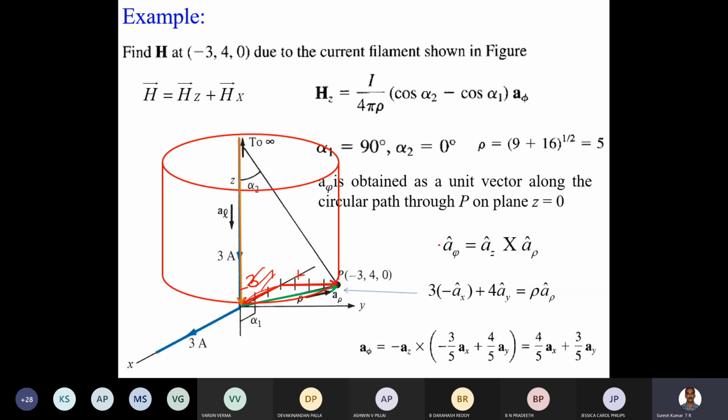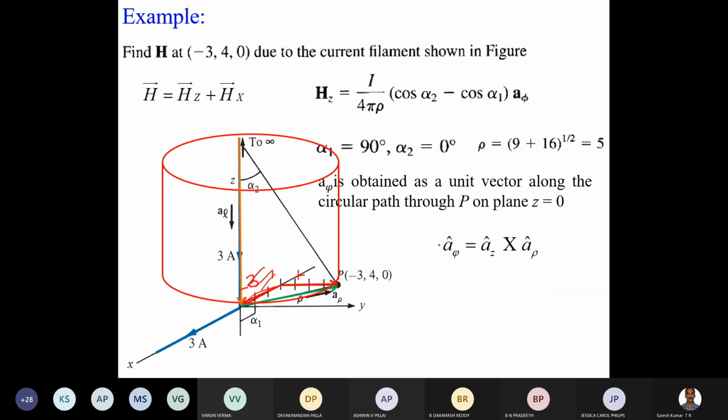Something was wrong. I think somewhere in our answer we got some minus, right? What was the mistake? Oh, sorry.